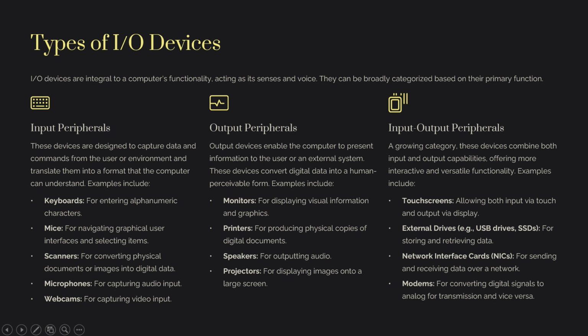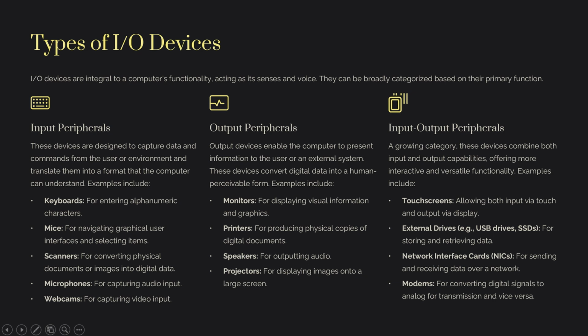These devices are responsible for feeding the system with data or information, and this type of data is collected from the environment or the user. For example, we have the keyboard, which is used for entering alphanumeric characters.